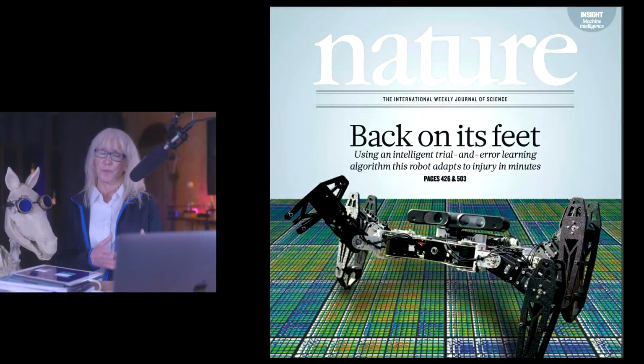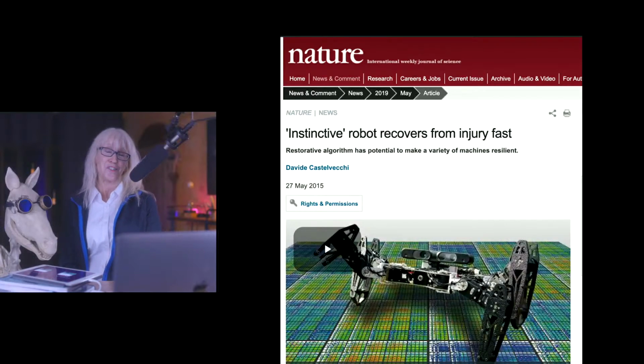And so they would deliberately harm it. They would just drop a brick on its leg. And the robot, which you can't possibly have programmed this in, needed to find a way to adapt to that and recover. So in a minute, we'll come back to the way they did that, which has lessons for us. Although basically it's just reinforcing what we kind of assumed nature was really doing.